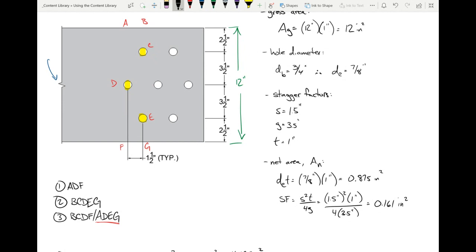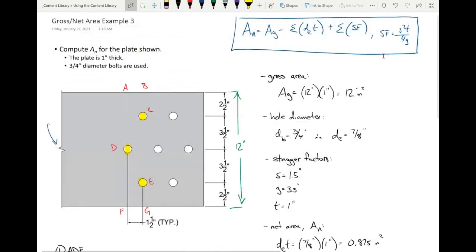All right, well, let me ask it this way. Let's look at it a bit more systematically. Let's go back to our formula. This is our formula right here. The gross area minus the area loss due to bolt holes plus any necessary stagger factors. Now, we're talking about B, C, D, E, G. This is the path that we're talking about here.